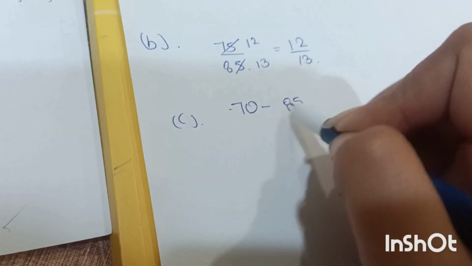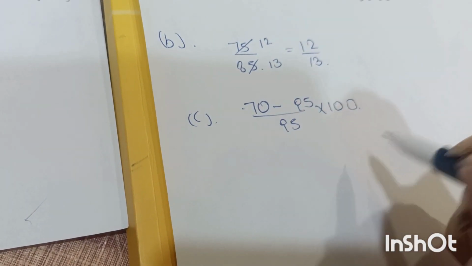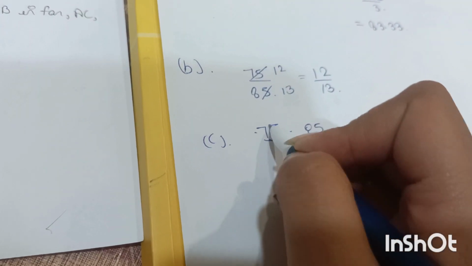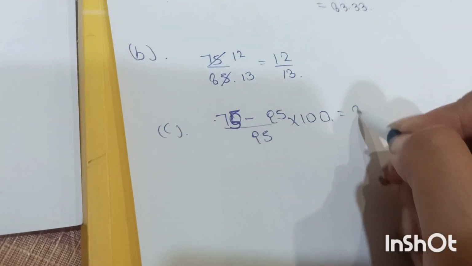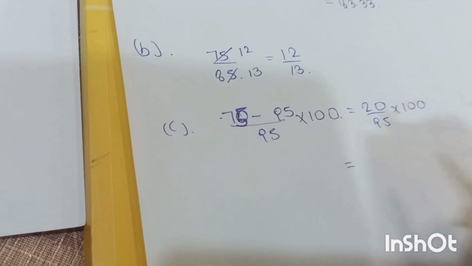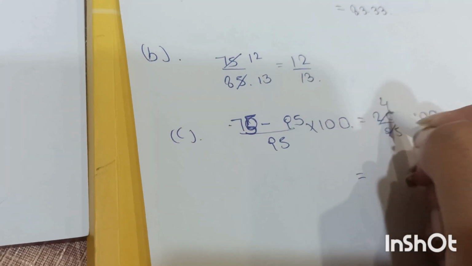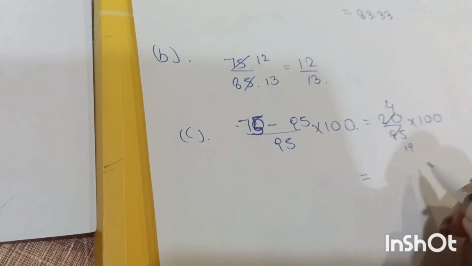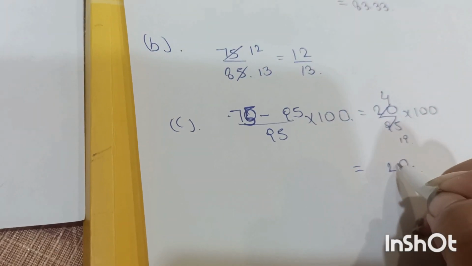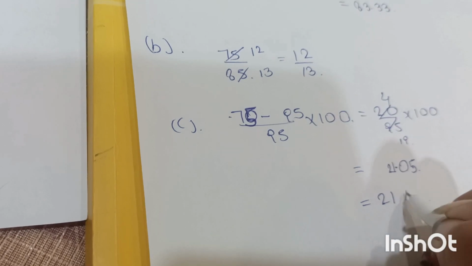So 95 into 100. My bad, it is 75. So when we will solve it, we'll get 20 upon 95 into 100. So when we'll cancel it, we'll get the value as 21.05. So you can write it as 21%.